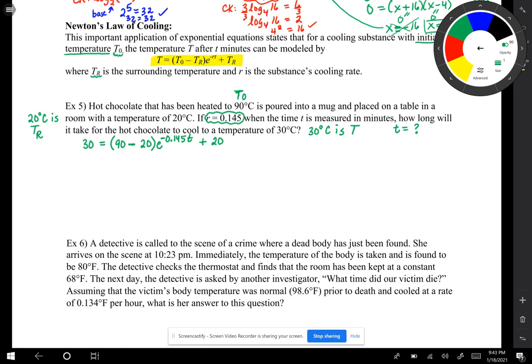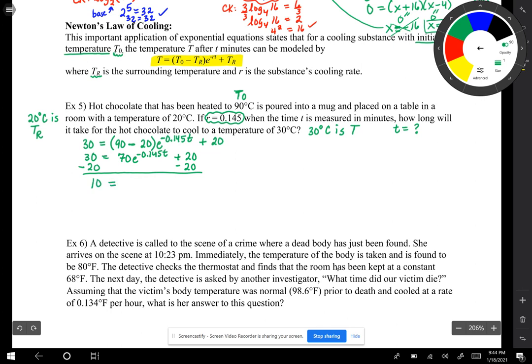The goal is to get the e stuff by itself. First thing you can do is subtract the stuff in parentheses. So 30 equals 70 e to the negative 0.145 t plus 20. Now you want to move the plus 20 to the other side because you have to get the e stuff alone.